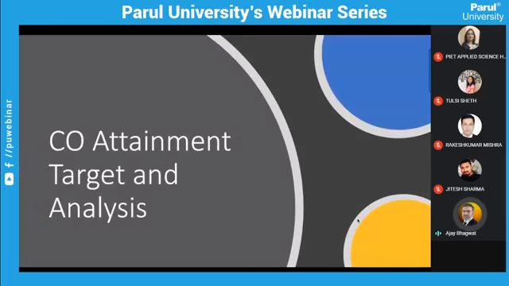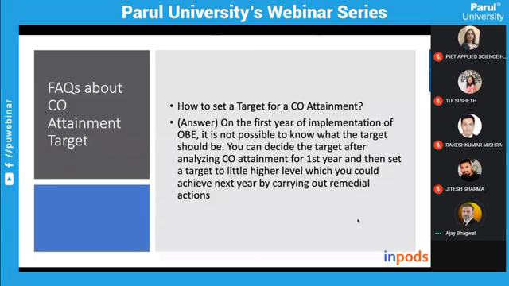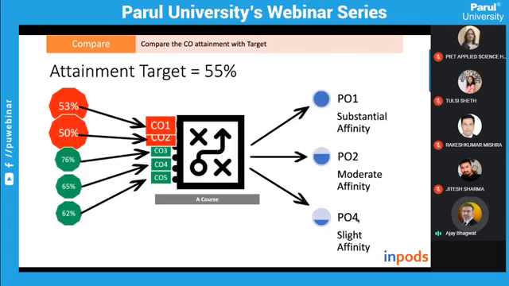However, for, let's say, a new teacher who doesn't know much about the computation and the behavior of the system, the computation framework, these kinds of targets help them. So if this definition is covered in your course file, that becomes a reference that at least this much attainment percentage has to be there.